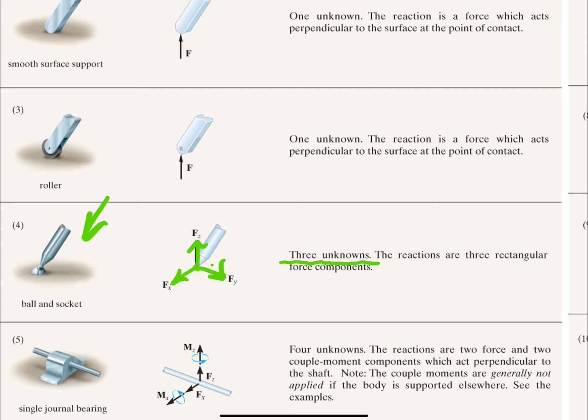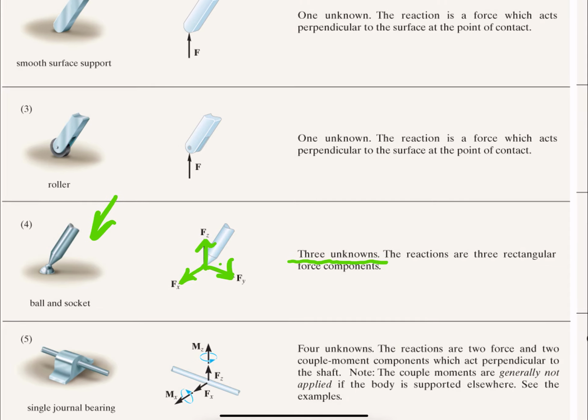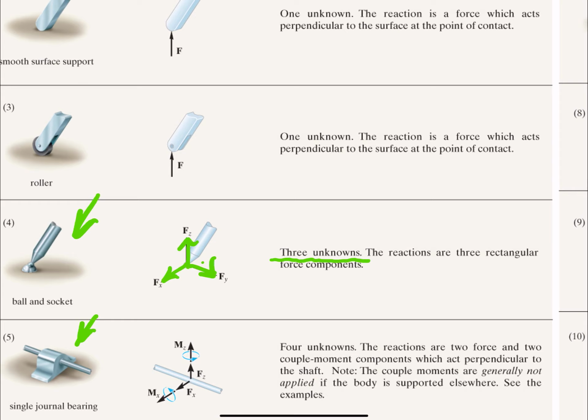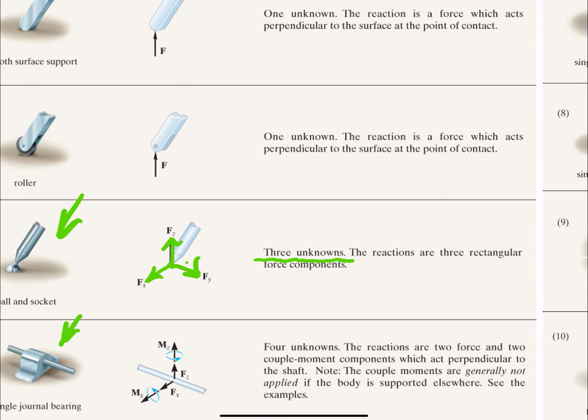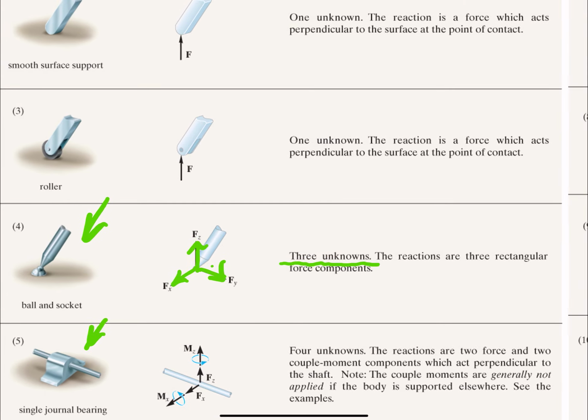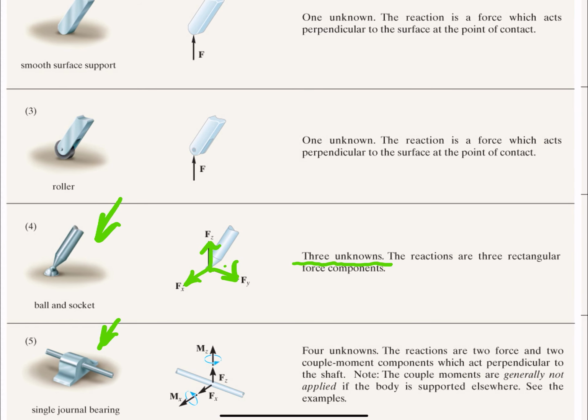What about this one, the single journal bearing, right over here? Take a look at the way this support prevents movement. It doesn't let that rod go up, so that's one movement prevented. It doesn't let it go this way as well. It doesn't let it rotate that way, and it doesn't let it rotate that way.